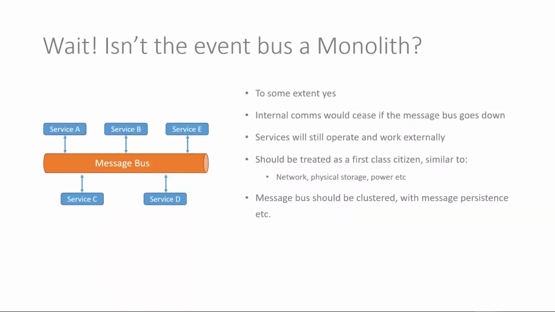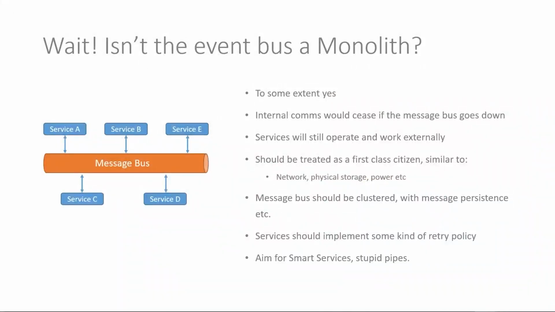The other thing I put there is you'd also typically have a degree of persistence. So if your cluster dies and then it restarts again, it's not lost all the messages that it had in the queue. It should have some ability to retrieve messages it had in its queue from some persistence layer. That being said, services should also implement some kind of retry policy. So say the message bus goes down, you don't want to just fire messages onto it, and then if the message bus is gone, you've lost that event.